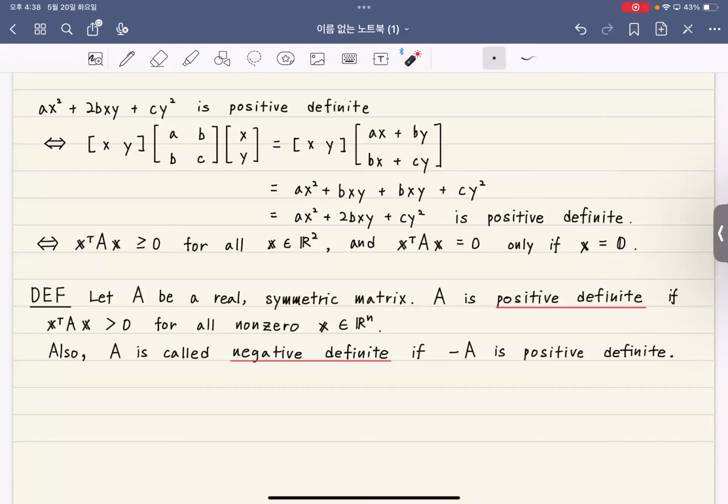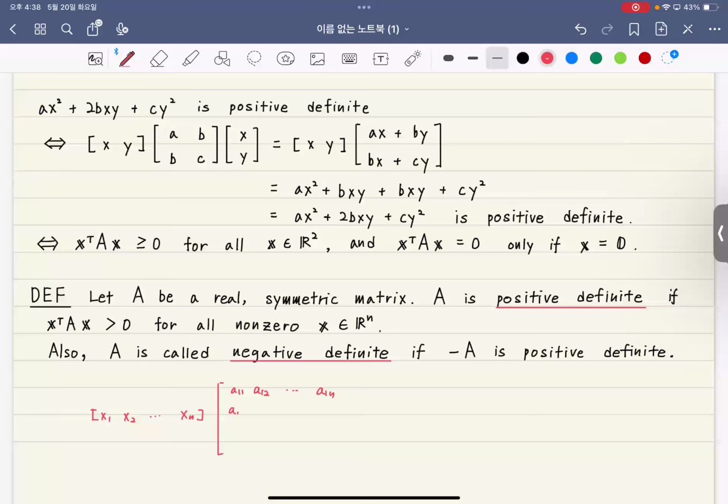You have to remember, you should be able to see that the definition of positive definiteness is not only for a 2x2 real symmetric matrix, but this definition is for any n by n real symmetric matrix. Right? So x1, x2, xn, a11, a12, a1n.